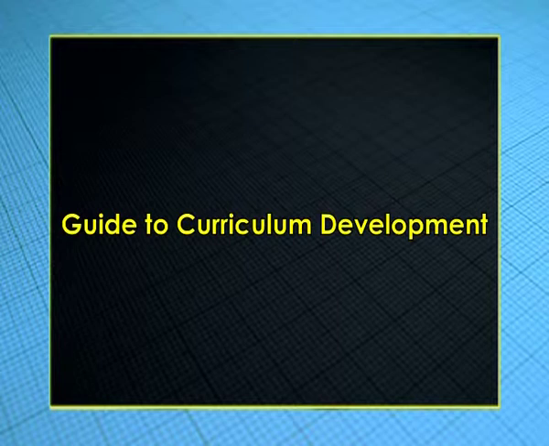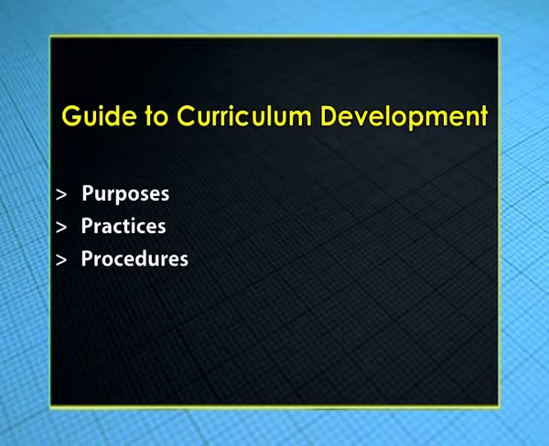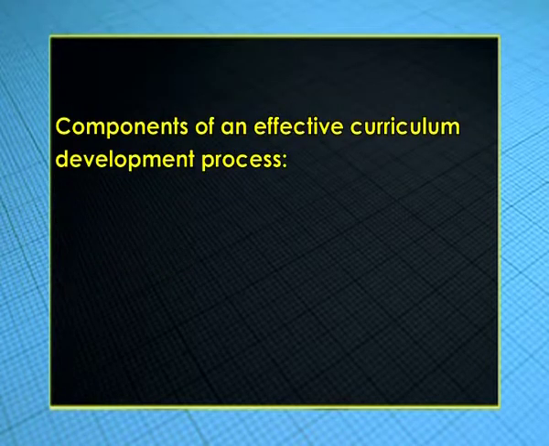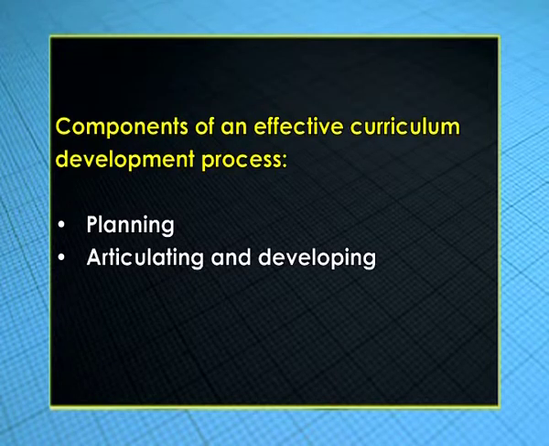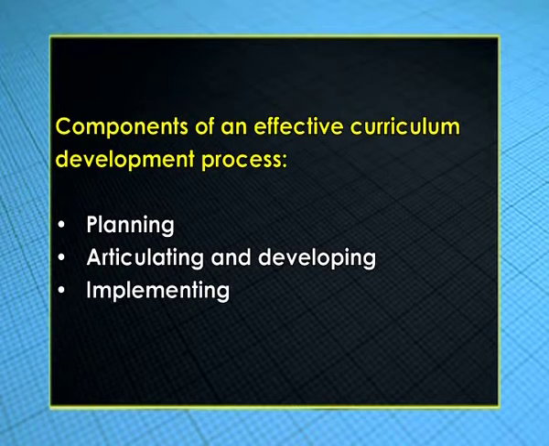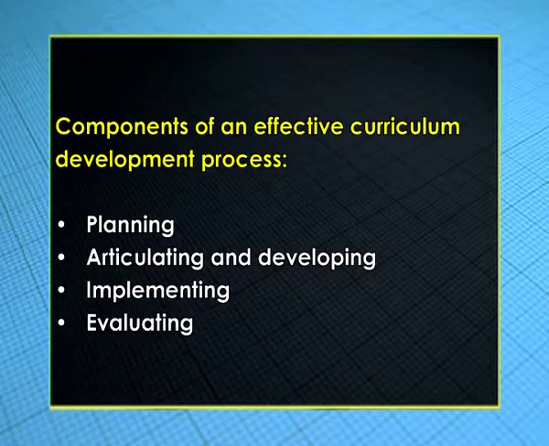Let us see what is the guide to curriculum development: purposes, practices, procedures. Components of an effective curriculum development process are A. Planning, B. Articulating and developing, C. Implementing, and D. Evaluating. Students, let us discuss all these steps one by one.